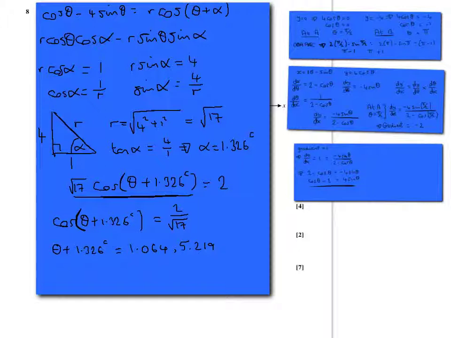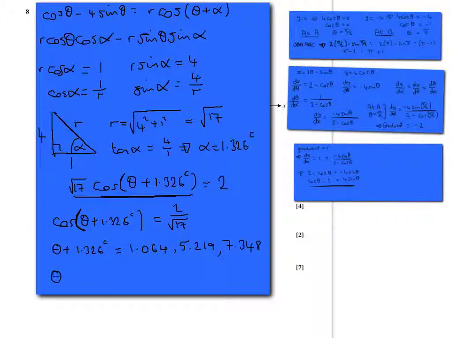Now at this point, you might notice we're about to subtract 1.326. Well, 1.326 is larger than 1.064, which means this one will not lie in the correct range. So we need to find another answer. To do this, we will add on 2 pi onto 1.064. This gives us 7.348.